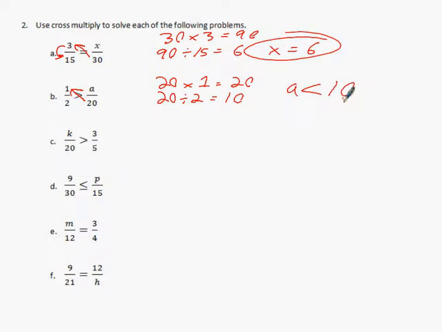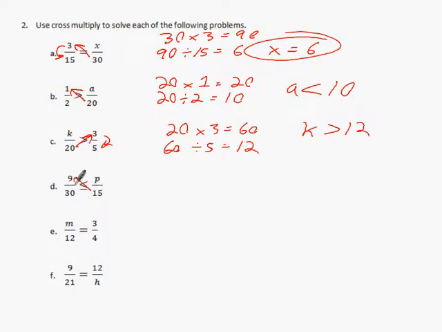Next one. 20 times 3 equals 60. 60 divided by 5 equals 12. K greater than 12. Notice I'm just transferring that symbol.